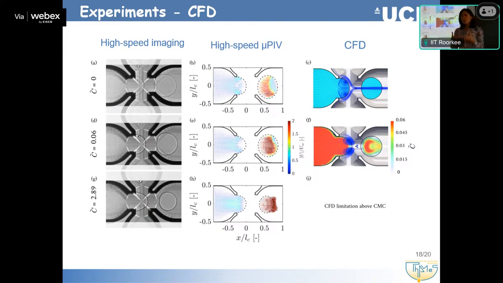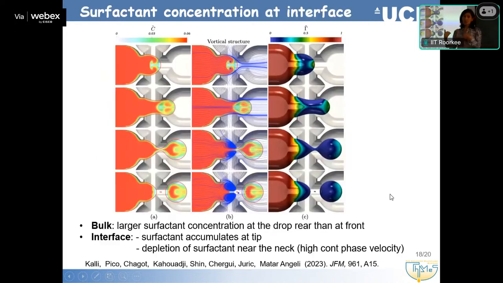The reason is that having validated the CFD for below CMC, we could use the CFD to get information that is more difficult to get experimentally, which is where the surfactants are. How is the surfactant concentration in the bulk behaving, and how is the surfactant concentration at the surface behaving? This is very difficult information to get experimentally.